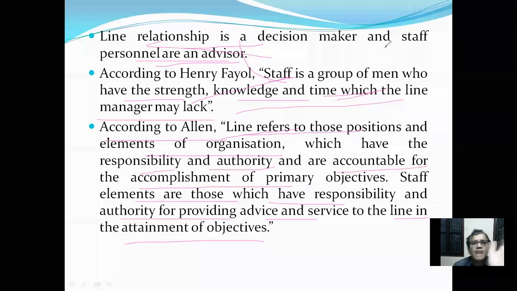It is not mandatory. Whatever suggestions staff give to line managers, they may take them in good stead or not. Staff can simply suggest, and it is left to the line managers whether to follow the advice or not, totally.